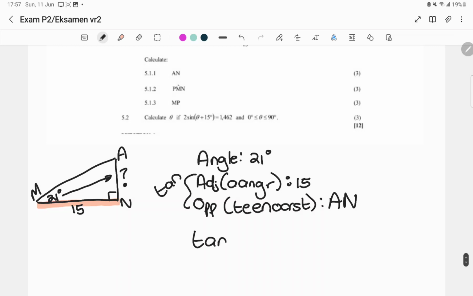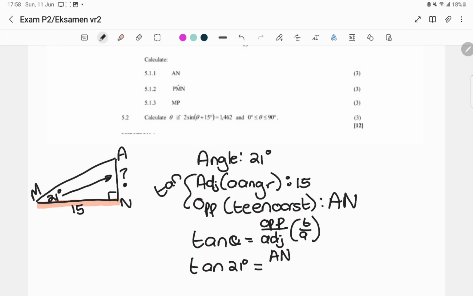So tan theta is equal to opposite over adjacent. Substituting what we have, an angle of 21 degrees, I have tan 21 equals opposite, which is AN, over my adjacent, which is 15.